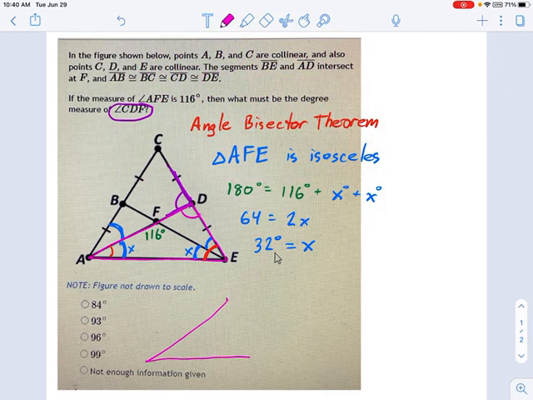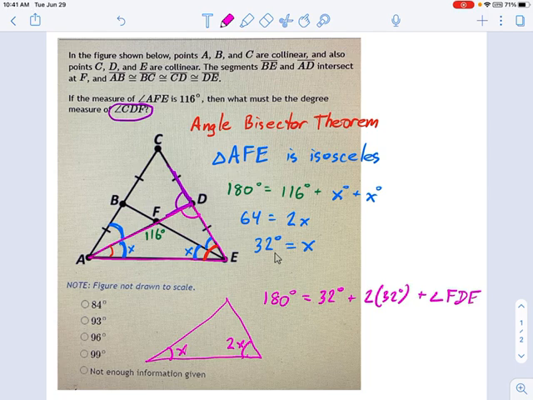My triangle that I'm trying to draw here has an angle of 2x right there and a single x right here. And I know because the sum of the angles of a triangle is 180, this is going to be 32 degrees plus 2 times 32 degrees plus angle FDE. FDE is this thing that I'm talking about right here.